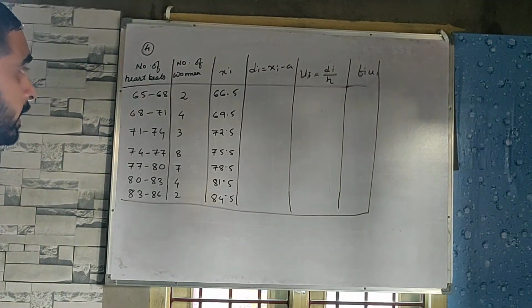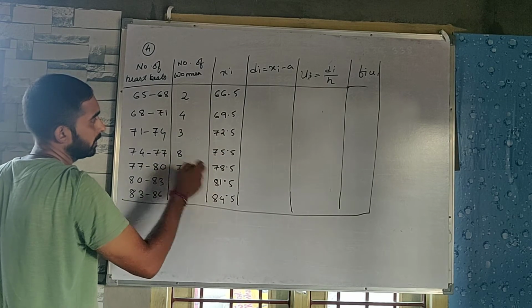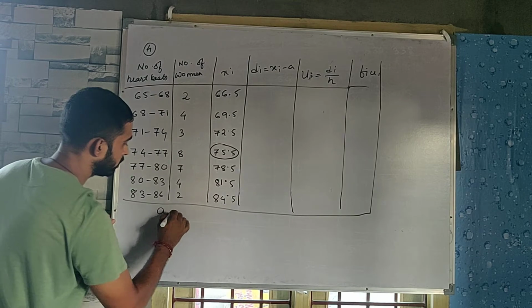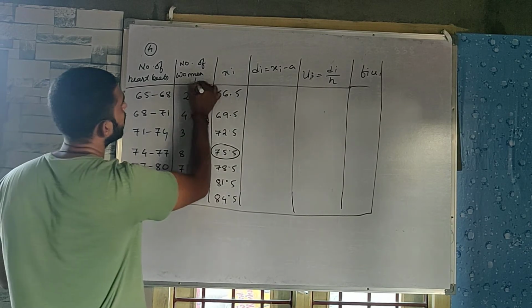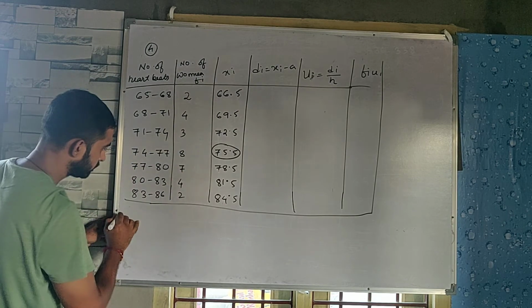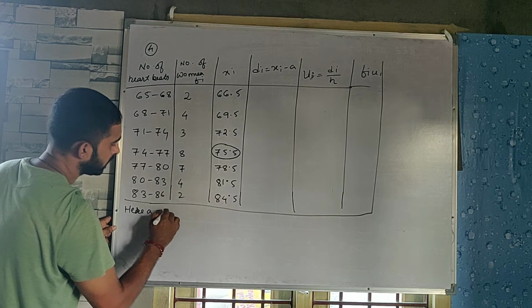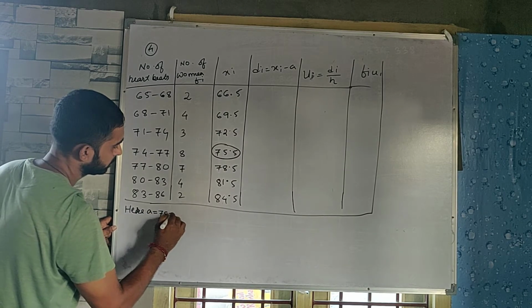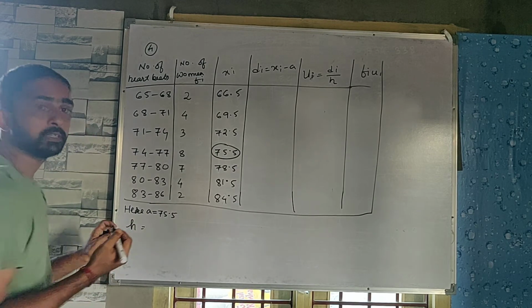Then we find di equals xi minus a. Here there are 7 values, so this is the middle one. Consider this one as a, so a equals 75.5. Then h means the difference of the class interval.